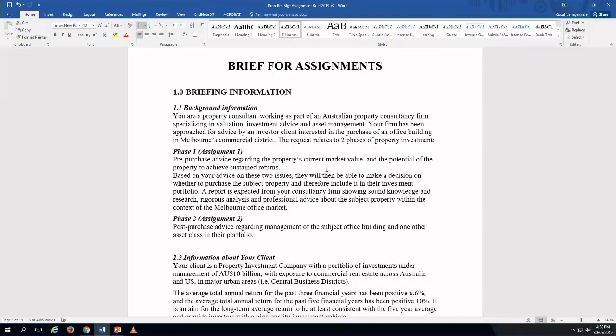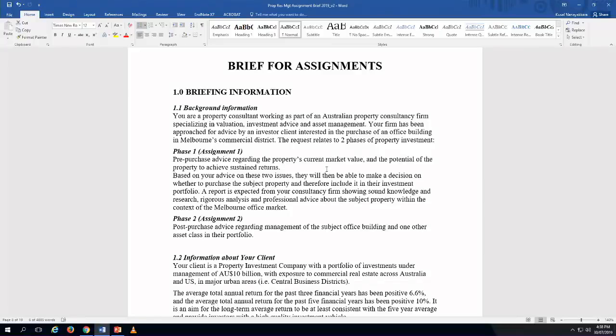You are a property consultant working as a part of an Australian property consultancy firm specializing in valuation, investment advice, and asset management. Your firm has been approached for advice by an investor client interested in the purchase of an office building in Melbourne Commercial District.